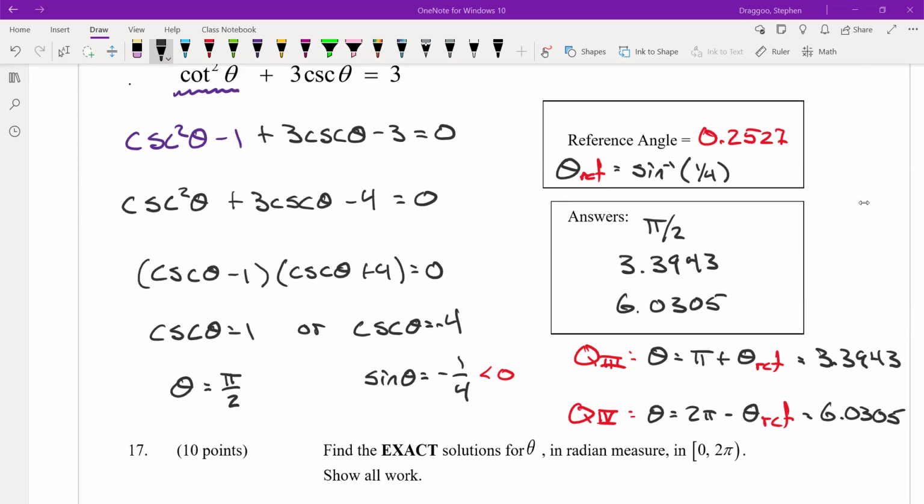When I factored this, I got cosecant -1 and cosecant +4. If cosecant -1 equals 0, it means cosecant has to be +1. If cosecant +4 equals 0, that means cosecant has to be -4. I'm just solving those two equations for 0.